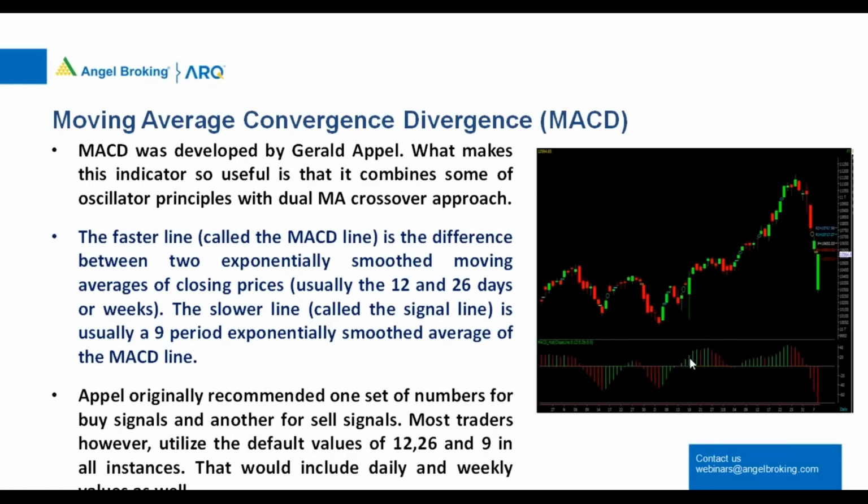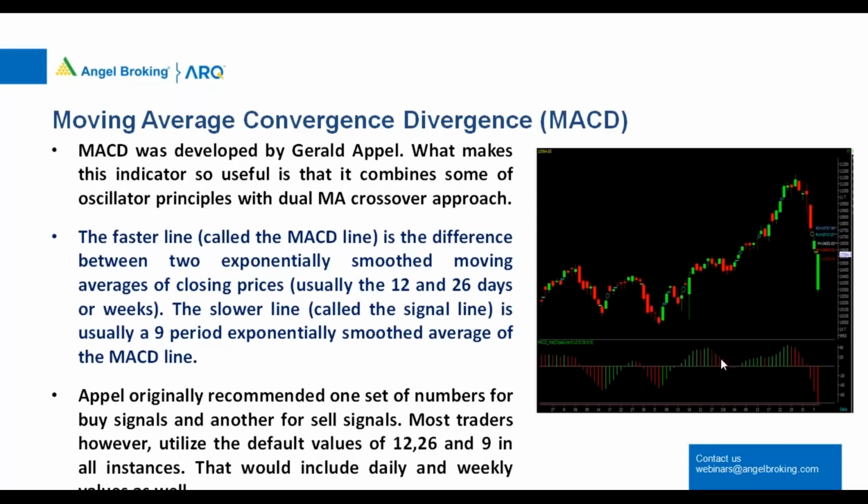Now if you look at this, it will give you a very good idea. In this particular chart, here is the histogram. This is a daily chart of Nifty. You can see that the parameters are 12, 26 and 9. This horizontal line is the zero line, and anything above the zero line is positive, anything below the zero line is negative.